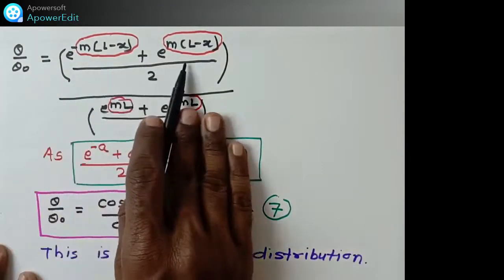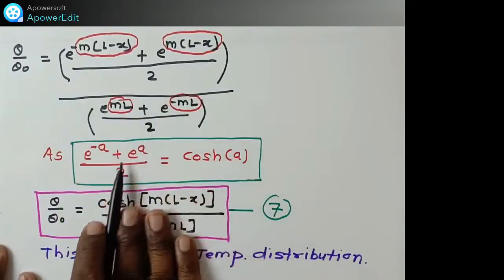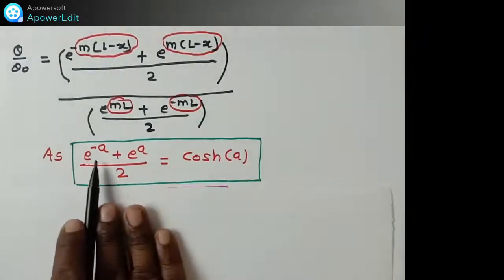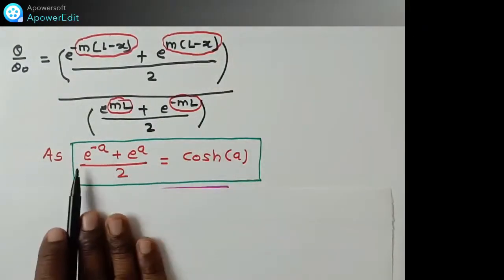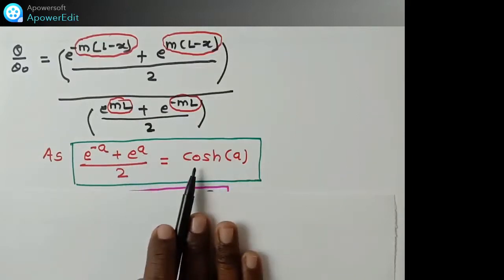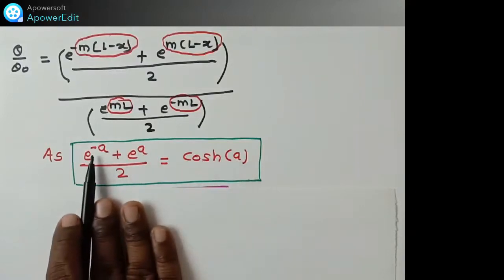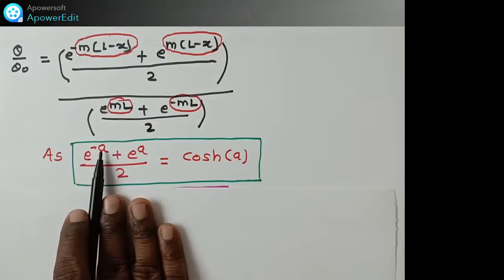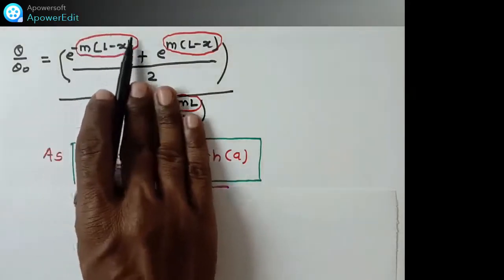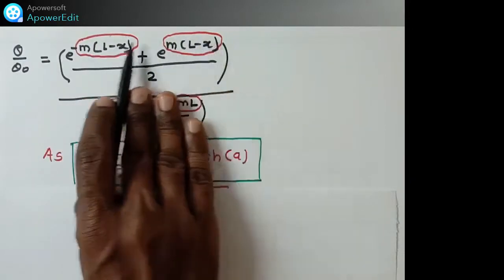We divided this numerator by 2 and denominator by 2. Then in mathematics, we have the equation e raised to minus a plus e raised to a divided by 2, for which we can write cosh of a. So whenever there is e raised to some term a, here we will have this a term at the numerator.